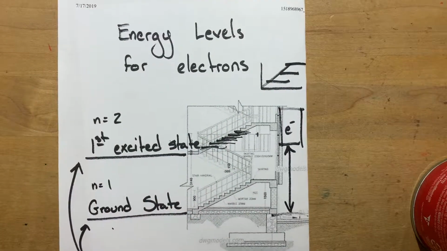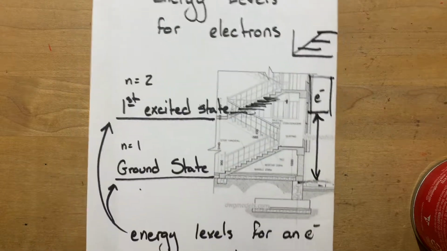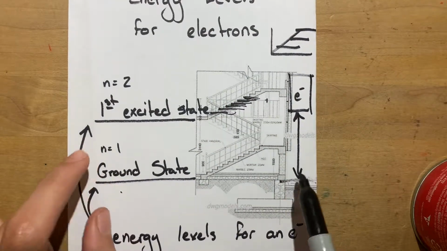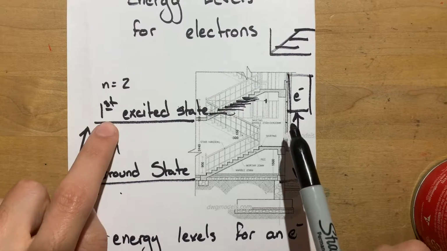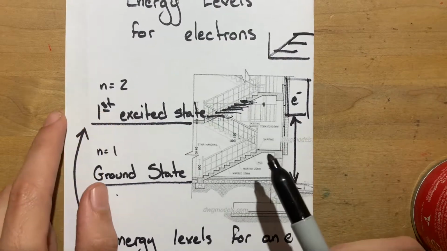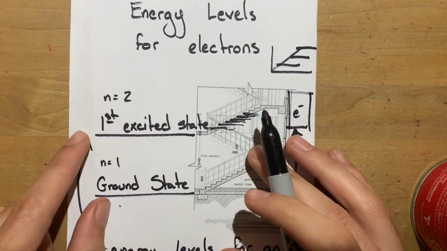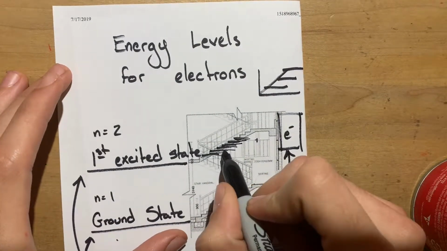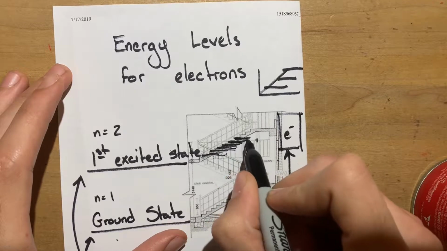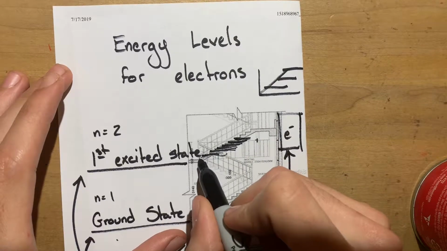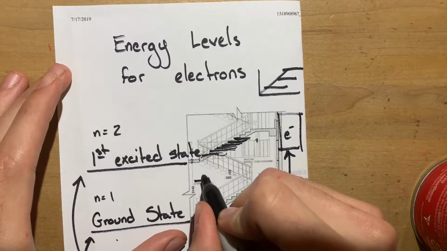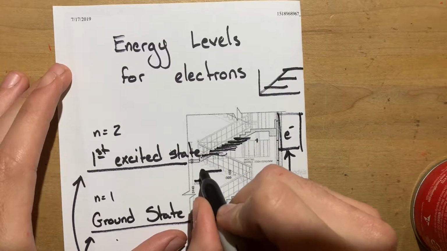And when we're talking about the energy level of the electron, we think of these as the floors, right? So you've got the first floor, ground state, and the second floor is the first excited state. But now you also have smaller discrete energy levels, and we can think of those as the steps, right? Because with steps, there's no in between from the first stair to the second stair.